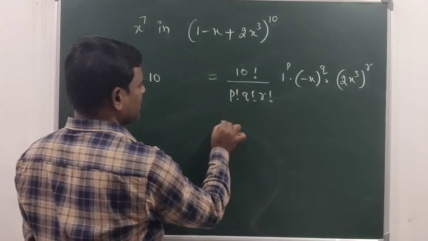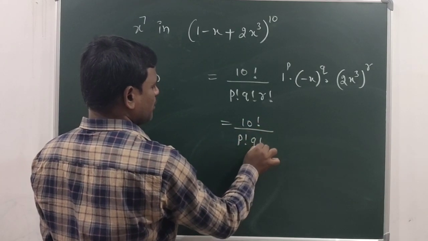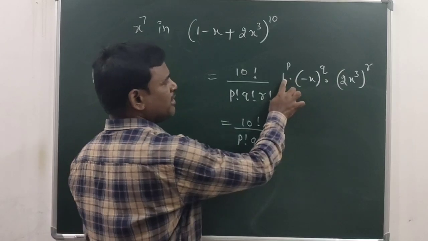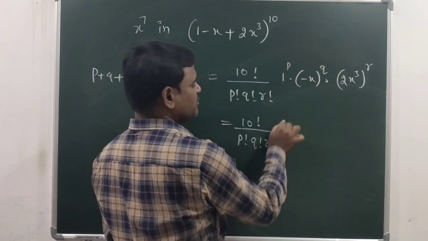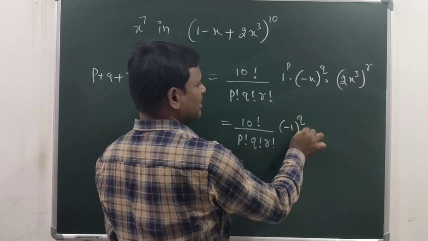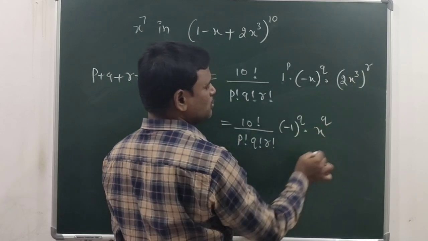Now in this simplification, 10 factorial by p factorial, q factorial, r factorial, here my 1 power p becomes 1, here minus 1 whole power q, keep it aside. Now x power q, and here 2 power r also keep it aside.